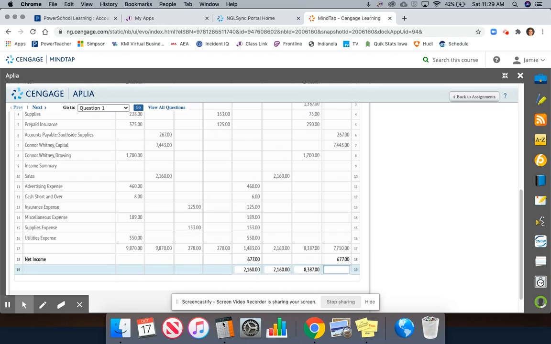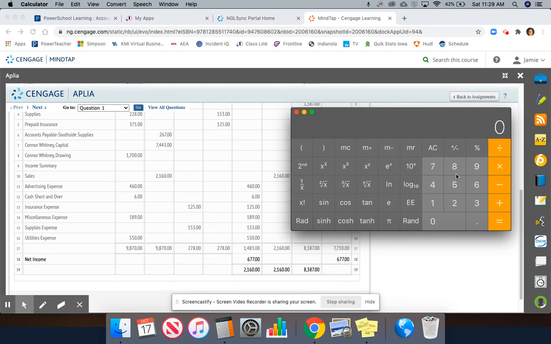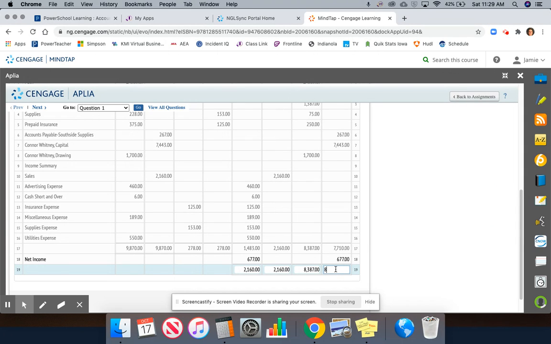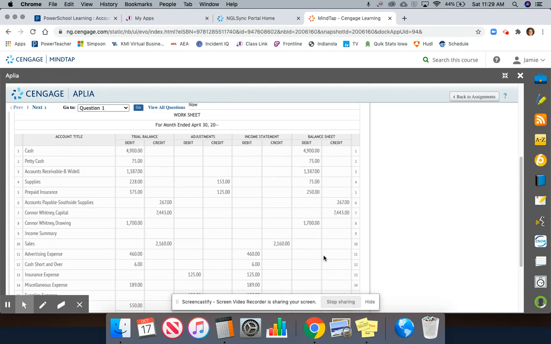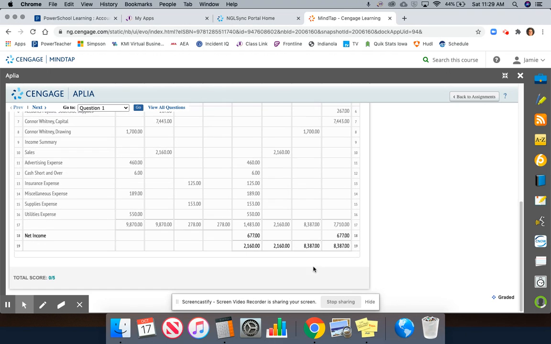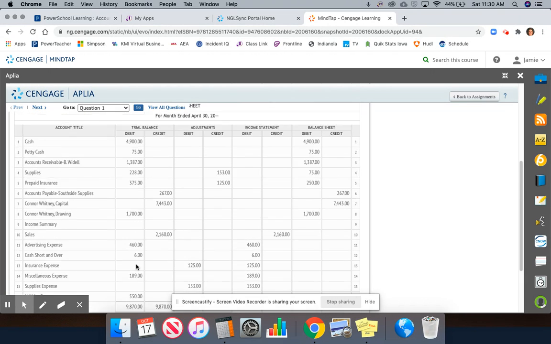Finally, we'll add up our balance sheet debit column. 7,710 plus 677 gives us 8,387. Now the debits equal the credits for our income statement column and our balance sheet column. Debits equal credits. And that was our task for Work Together 6-3.